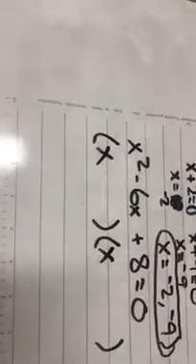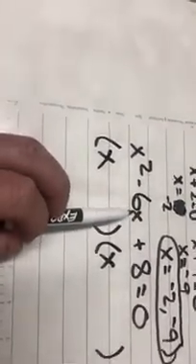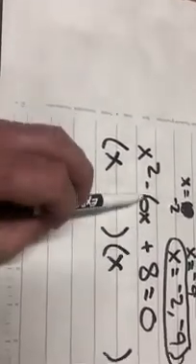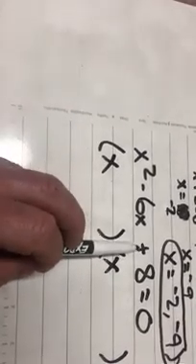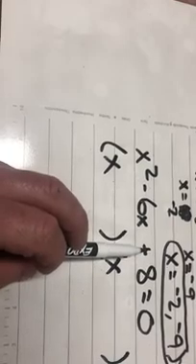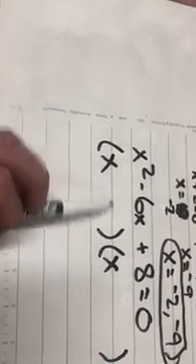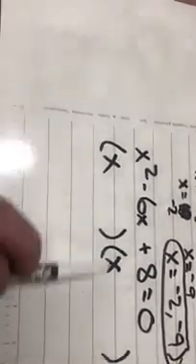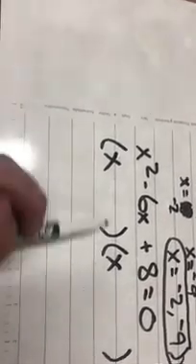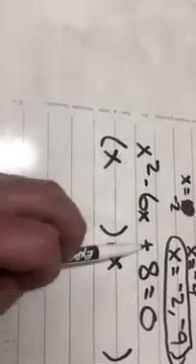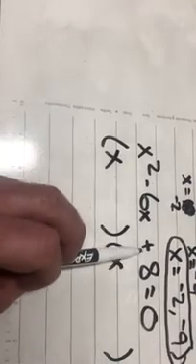Now, once again, I'm seeing, okay, I have a positive here, but I have a negative here. So the two numbers multiplied together have to be positive, which means they're either going to both be positive signs, addition signs down here, or they're both going to be negative signs, because I can't have one of each and this still be multiplied and be a plus 8.